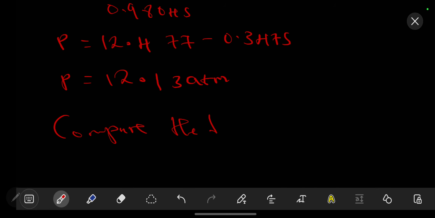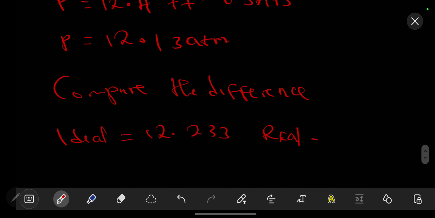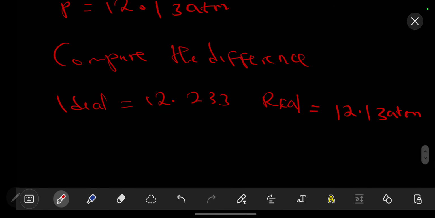So now, if we are to compare the difference, we are going to find that the ideal gave us a value of 12.233. The real gas, the actual pressure, is 12.13 atmospheres. So what happens to the other pressure?